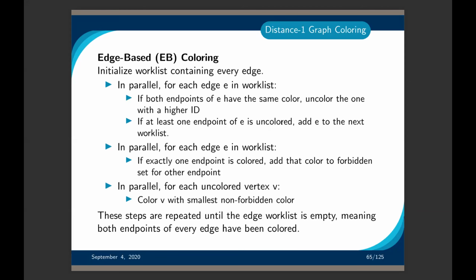In the next pass, you propagate the allowable colors from the colored endpoint to the non-colored endpoint of each edge. And finally, you choose colors for vertices. You just repeat these steps until the edge work list is empty. That means that both endpoints of every edge have been colored with distinct colors.